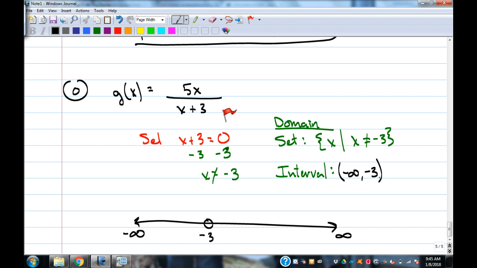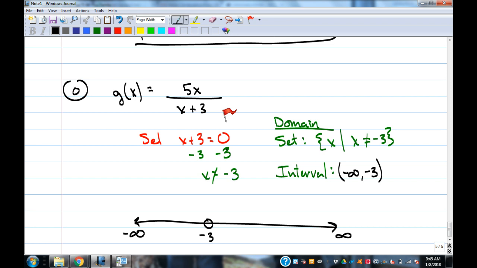So we're going to put a parenthesis there on the -3. So it looks like an ordered pair, but it's interval notation. So we're saying everything's good from negative infinity until we get to -3, and then we got to jump over -3. And the way we jump over -3 is we stop our interval, put a parenthesis, saying -3 is where we're stopping. Right before we get to -3, we're going to stop there.